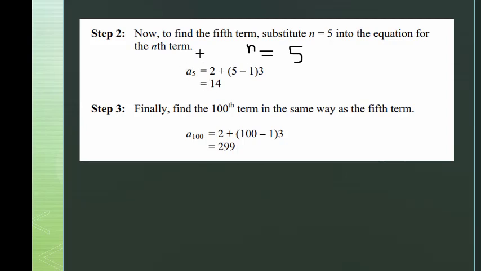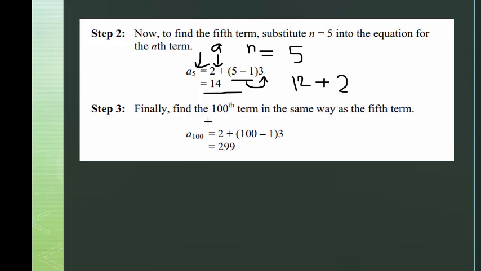So we get the fifth term as the first term, which is 2, plus the order of the fifth term minus 1, multiplied by the common difference of the sequence, which is here 3. So we'll get 4 multiplied by 3, which is 12, plus 2, so we'll get the fifth term as 14.